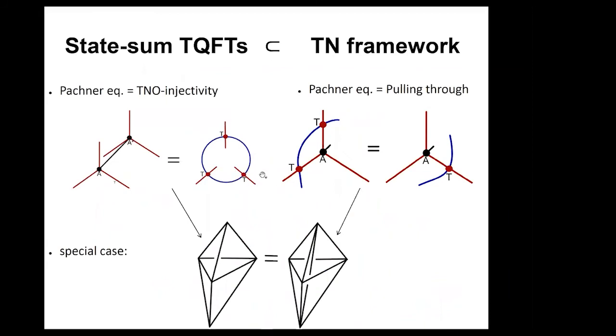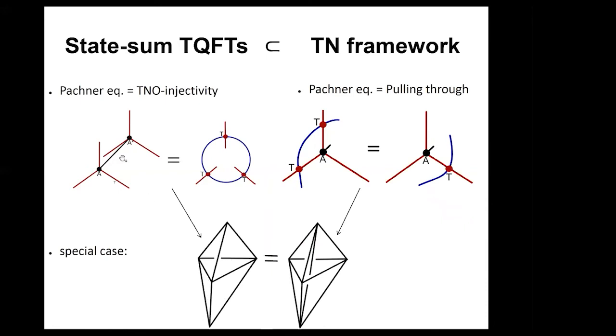Okay, so how do we show that state-sum TQFTs are a subset of this framework? Well, if you choose your A's and T's by this data tensor T of the TQFT, these conditions basically imply that these are nothing but retriangulation invariants.